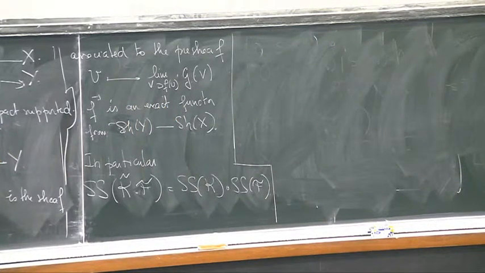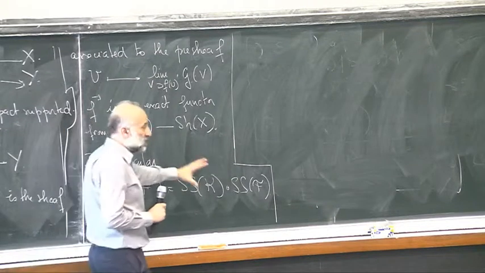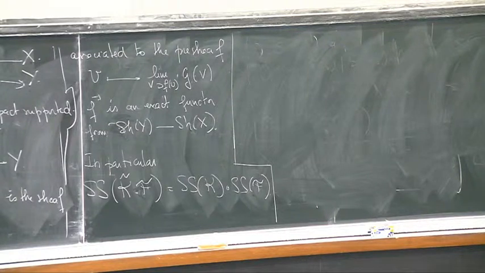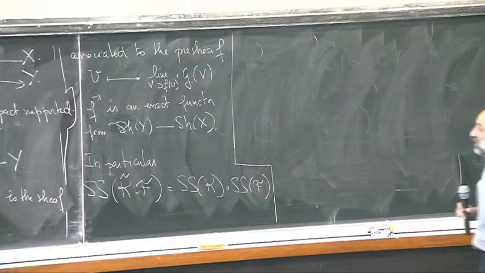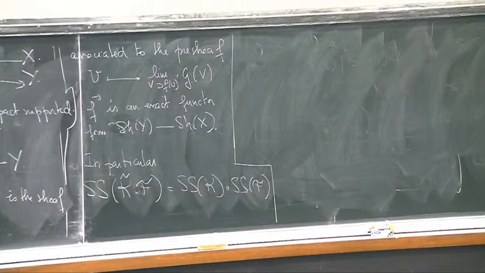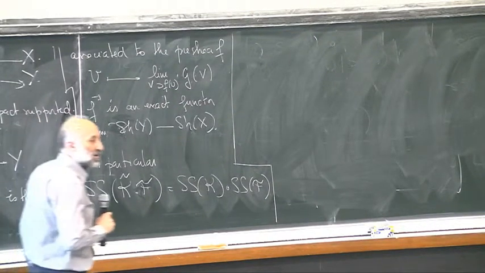So if you apply this quantization, it just behaves in a natural way with respect to the singular support. I omitted a certain number of assumptions that you have to make on K tilde, or on K, so that it really behaves well, some sort of regularity.